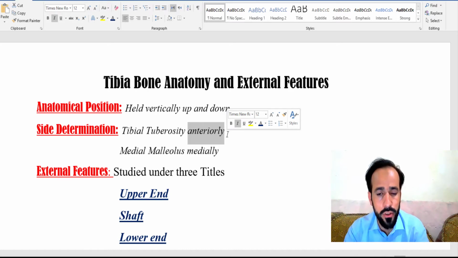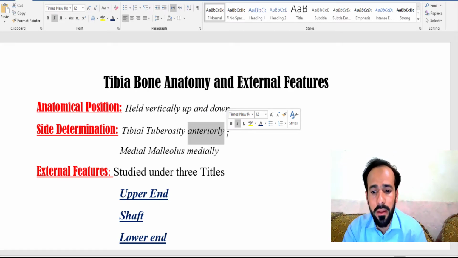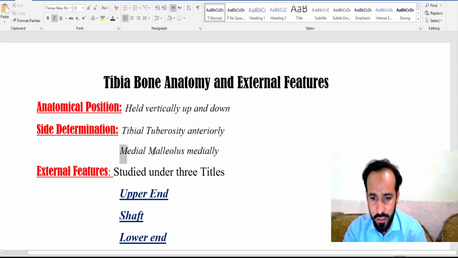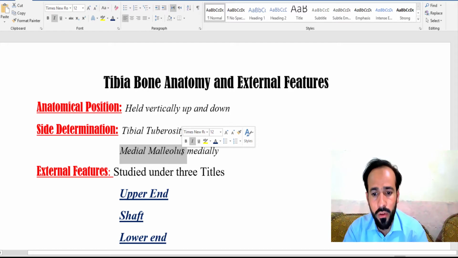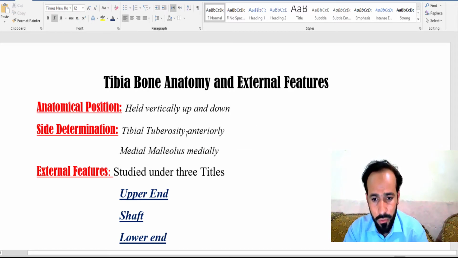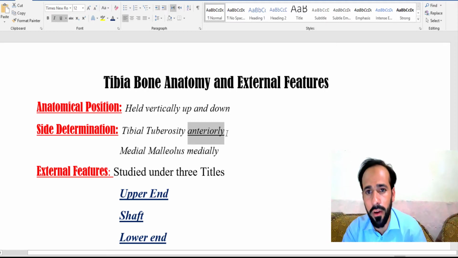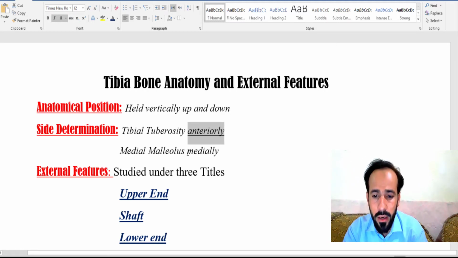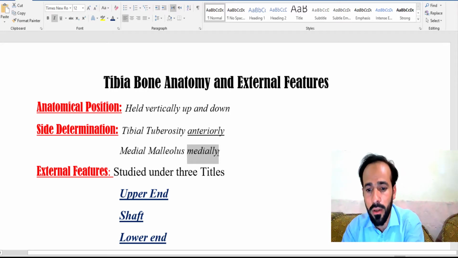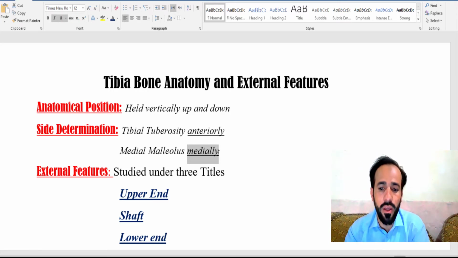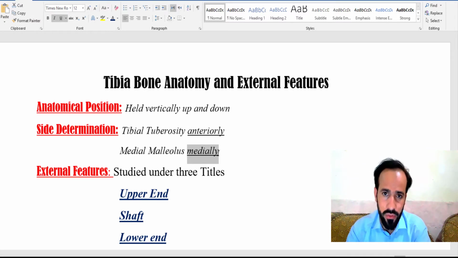The tibial tuberosity should be kept anteriorly, and the medial malleolus of the tibial bone should be medially, right? I have written those important points there. So what should be kept in mind is that the tibial tuberosity should be located anteriorly, right? And the medial malleolus should be kept medially. In this way you can find whether this bone is the right tibia or the left tibia, right?